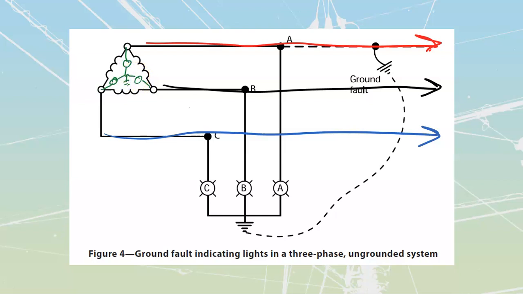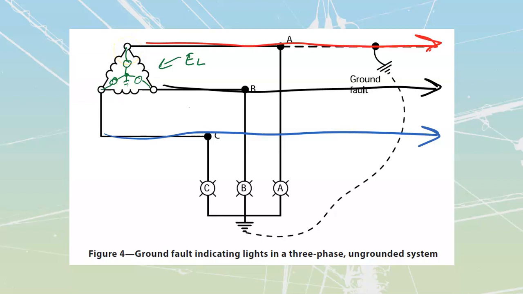And if you take a look at that Y connection, you know that there's a voltage differential between my line voltage, E line, what's going across from here over to here, and my phase voltage, what I'm going to have going from the center part over to one of my phases.